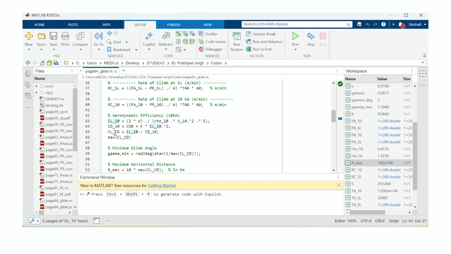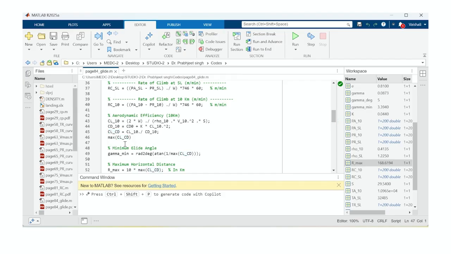Then CL by CD, CL CD equals CL dot divided by CD 10. Remember what this dot was? Yes, this was element to element multiplication, so both are vectors here. Then I found the maximum of CL by CD.